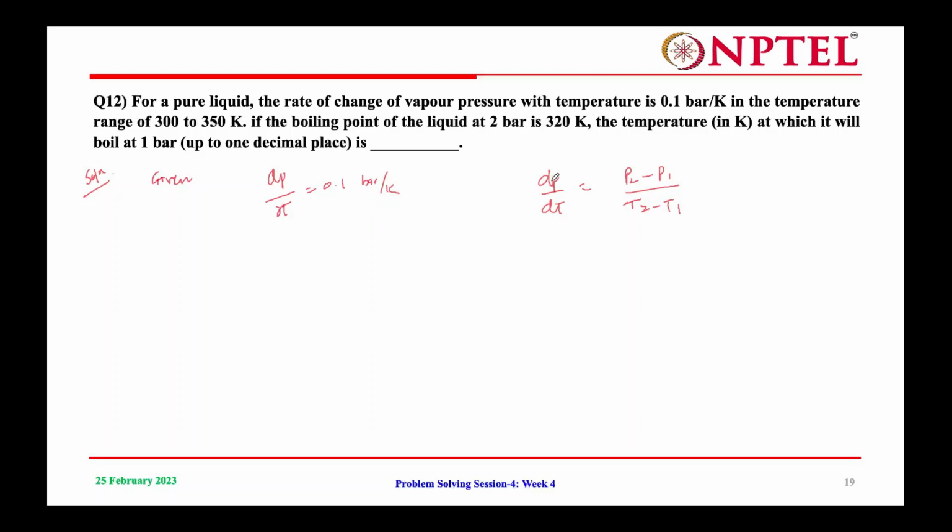So you put the values here: P2 is 1 bar and T2 is given as 320, so 0.1 equals (1 minus 2) divided by (T minus 320).